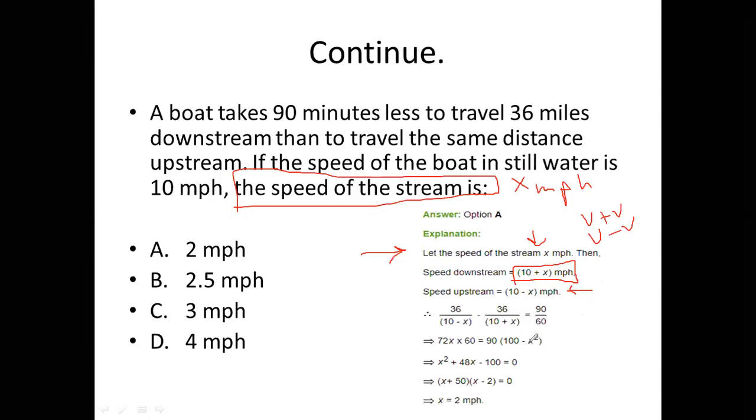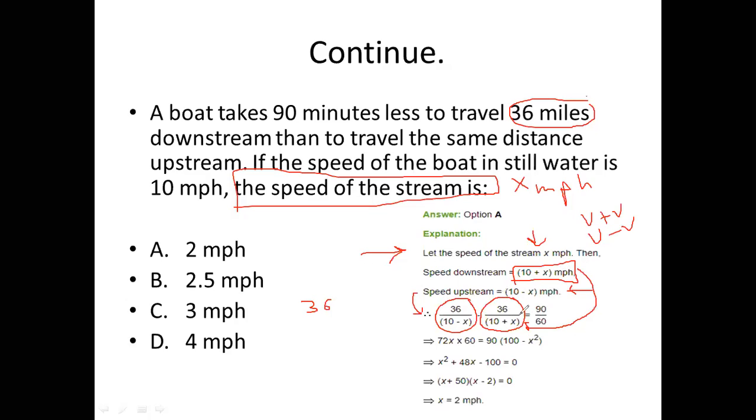So we know the formula: speed is equal to distance upon time. What we have here is 36 miles, right? So we will do 36 divided by 10 minus x, that is the upstream, and 36 divided by 10 plus x, that is downstream.